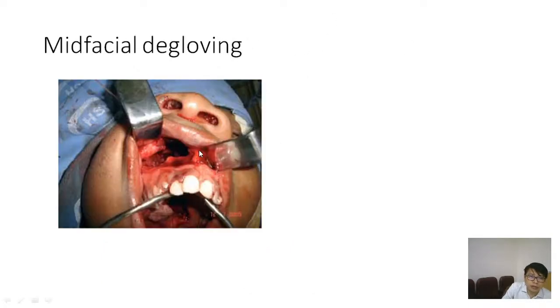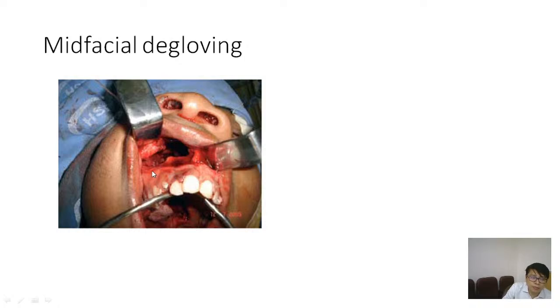There is also another approach in which we don't make an incision over the face, which we call mid-facial degloving. That is, we give an incision in the gingivobuccal sulcus on both sides and then elevate the cheek flap superiorly, and then we go into the maxillary sinus, and then we can go into the infratemporal fossa and remove the disease.